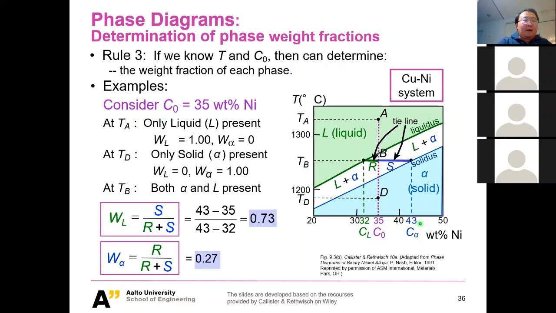I think this is clear to everybody. This is very simple but important knowledge for you to be able to use the phase diagram. If you have questions, you can ask at the moment.